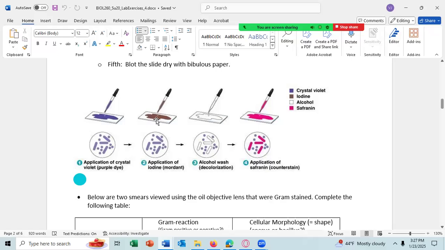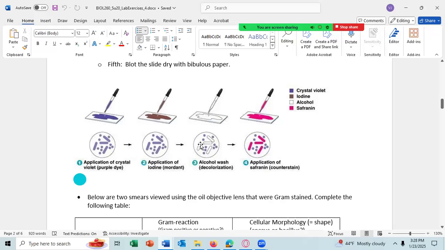When you apply the iodine, the cells will take on a more purple color; before they were a blue purple color. It's not showing you a change in the color, but there it is. All the cells will then be a purple color, whereas before they were a blue purple color.